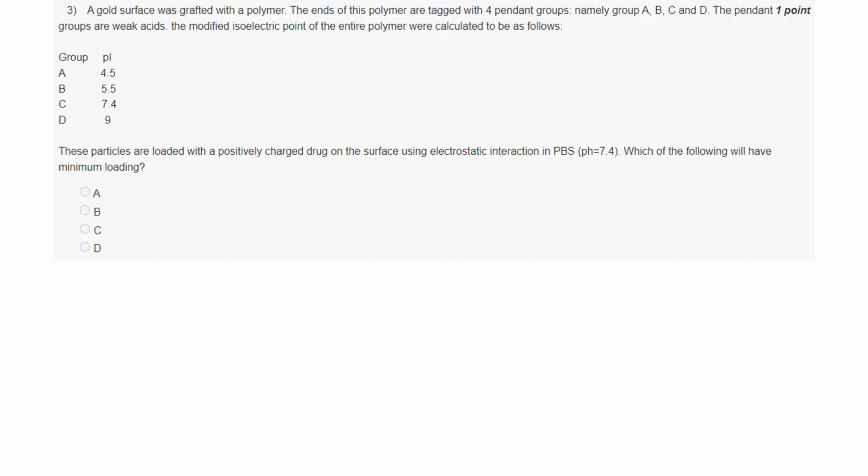Ma'am, option D, ma'am. Option B, that is polymer B, is it? 5.5. Okay. Anybody else has an answer?